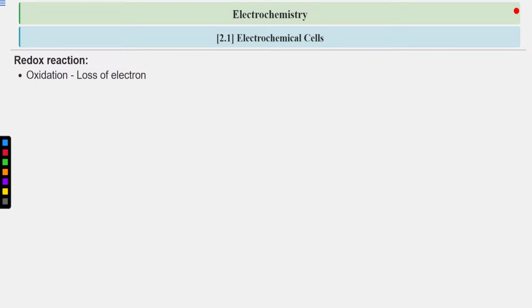We have various definitions for the oxidation process, but in this chapter we will consider oxidation as the process where loss of electrons is carried out. The next process to understand the redox reaction is reduction. Reduction is a process in which there is a gain of electrons.